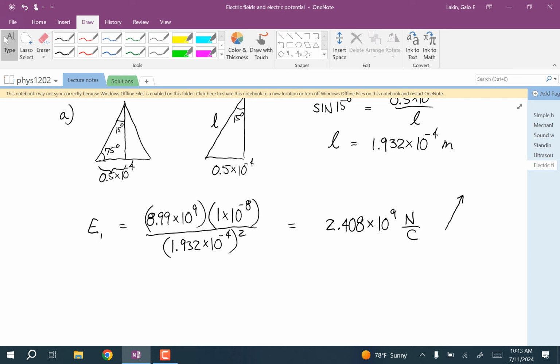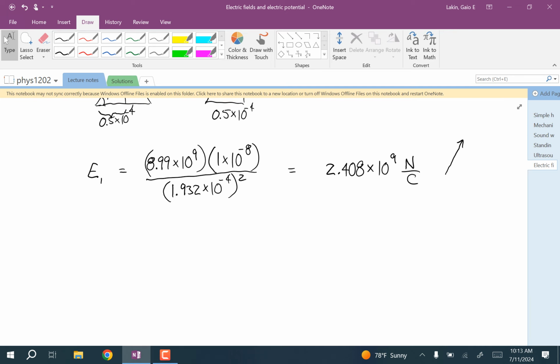Well, the last thing we have left to do then is to come up with vector components for that. To come up with vector components, we're looking for the lengths of these two legs. I'll call this Lx and this Ly.